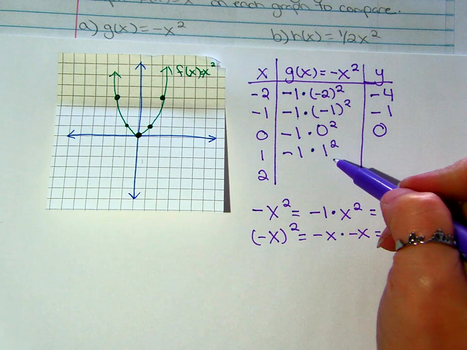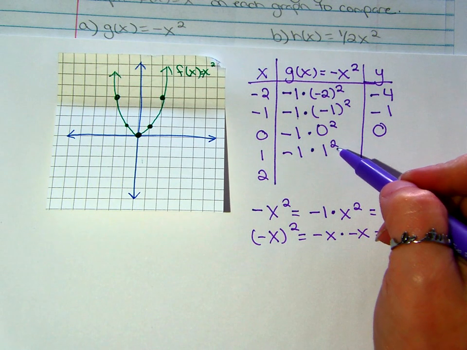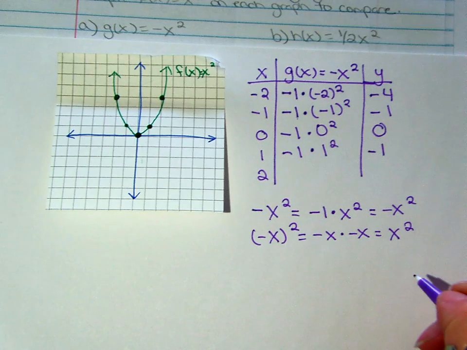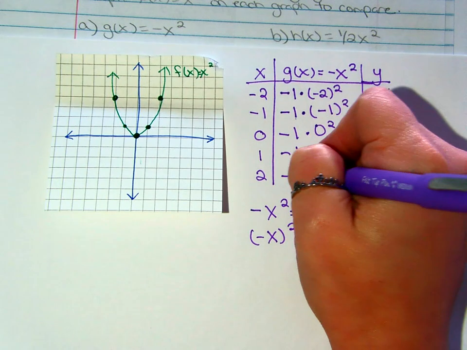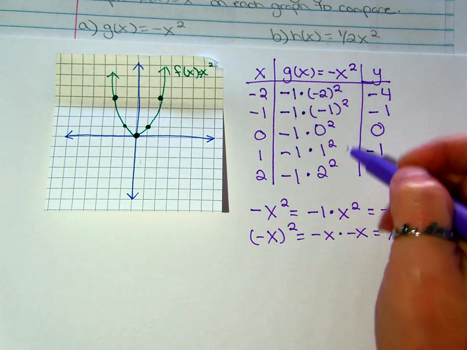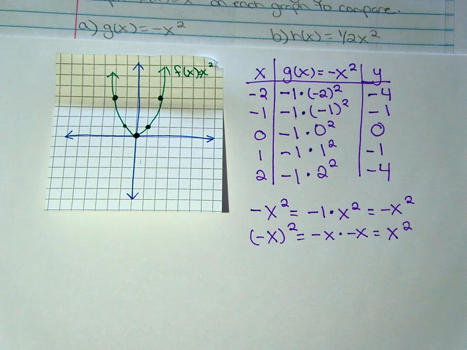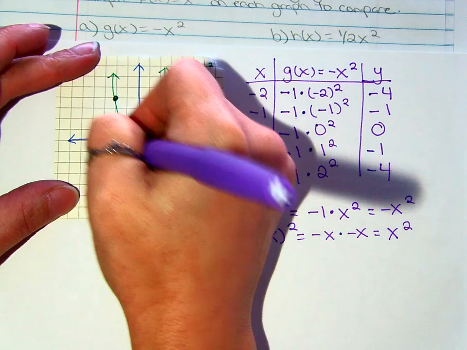Here we have a positive 1 squared, which is positive 1, times the negative 1 is negative 1. Negative 1 times 2 squared. 2 squared is 4, times that is negative 4. Now I'm going to graph this on the same graph over here that I graphed our original one. At 0, I was at 0.